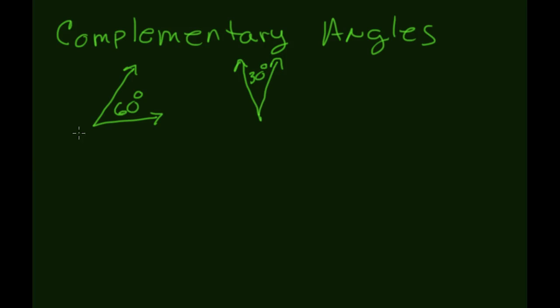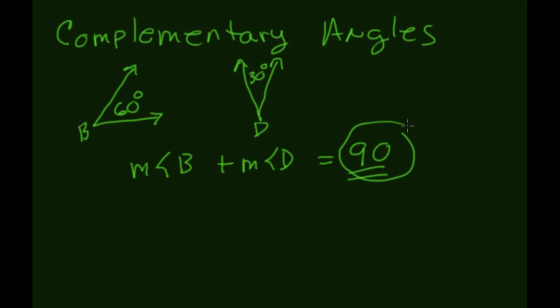Let's call this angle B, call this angle D. If the measure of angle B plus the measure of angle D is equal to 90, so the key number here is 90, then I have complementary angles. Note, the two angles don't have to be touching each other, they just have to be two angles whose measures add up to 90 degrees.